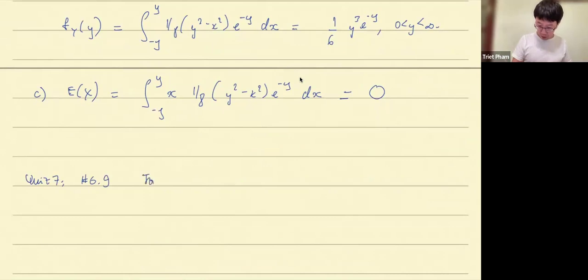They give you a joint PDF, six over 7, like that.